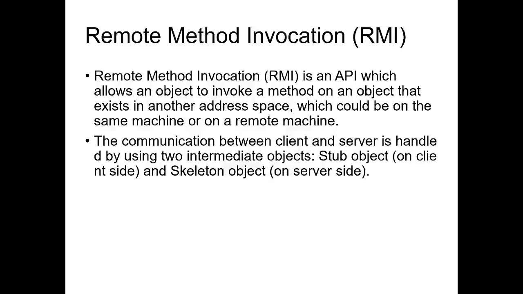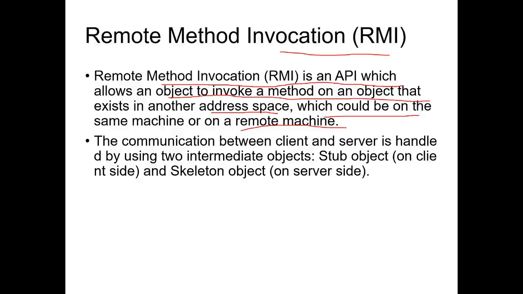Next concept is remote method invocation, RMI. So remote method invocation is an API. It is an application program interface which allows an object to invoke a method on an object that exists in another address space, which could be on the same machine or on a remote machine. So this concept works on an object.